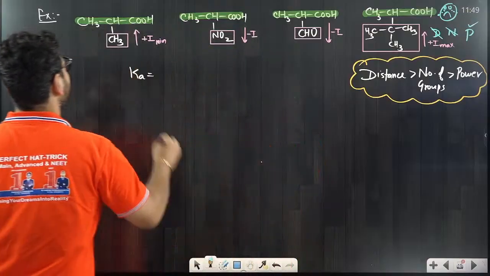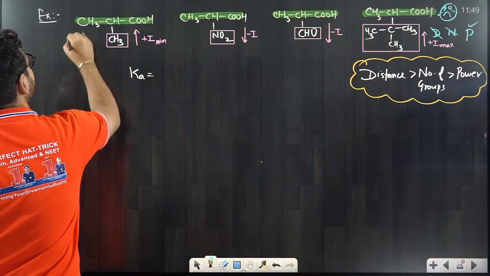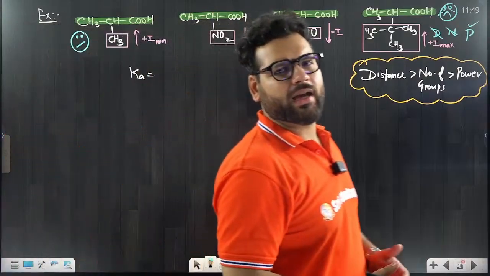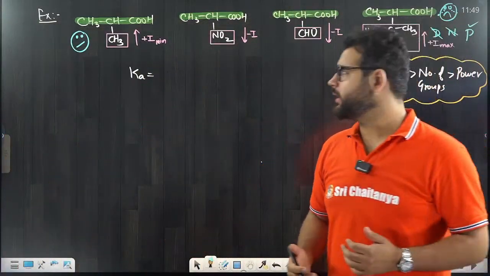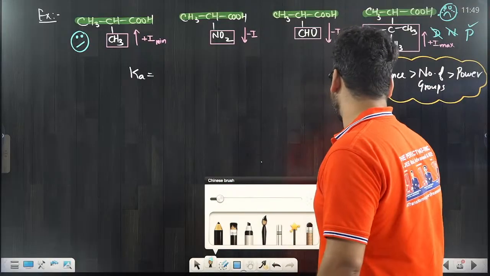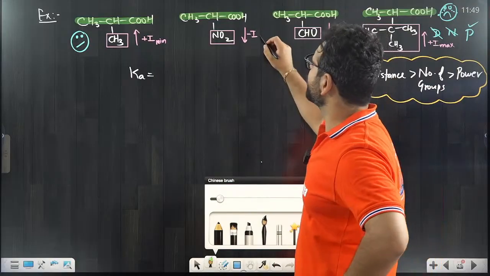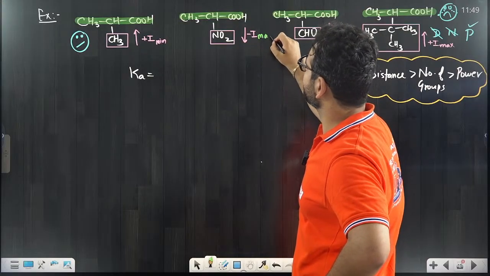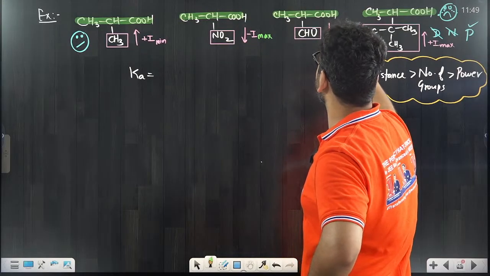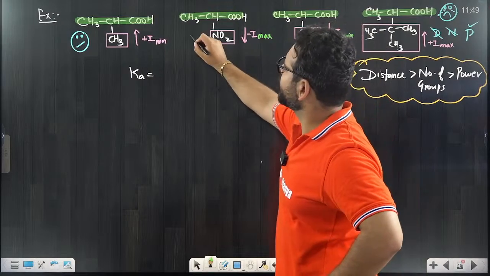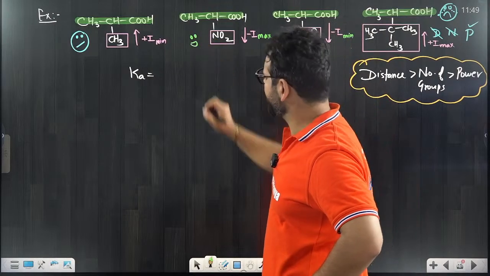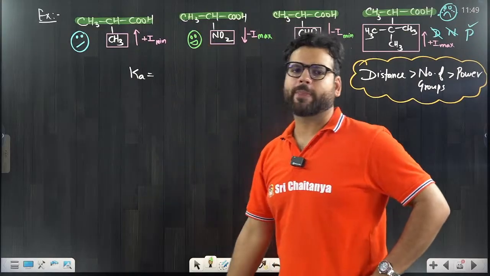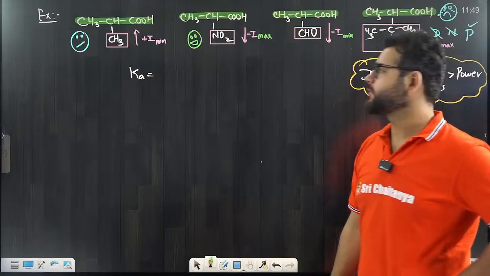This acid is also bad because of plus I, so I am making it like this. This is also not so good. Minus I groups are the pullers, they will increase the acidic strength. So who is the better minus I here? Power we have to check. NO2 will be coming first. This is maximum minus I. This is minimum minus I. The maximum minus I means it is pulling maximum electrons, making the carboxylic acid very happy.